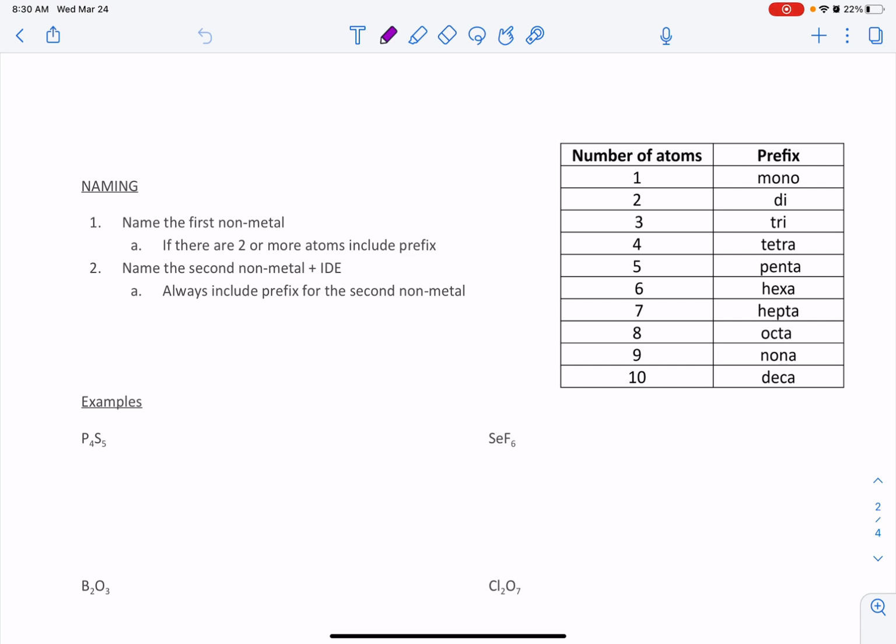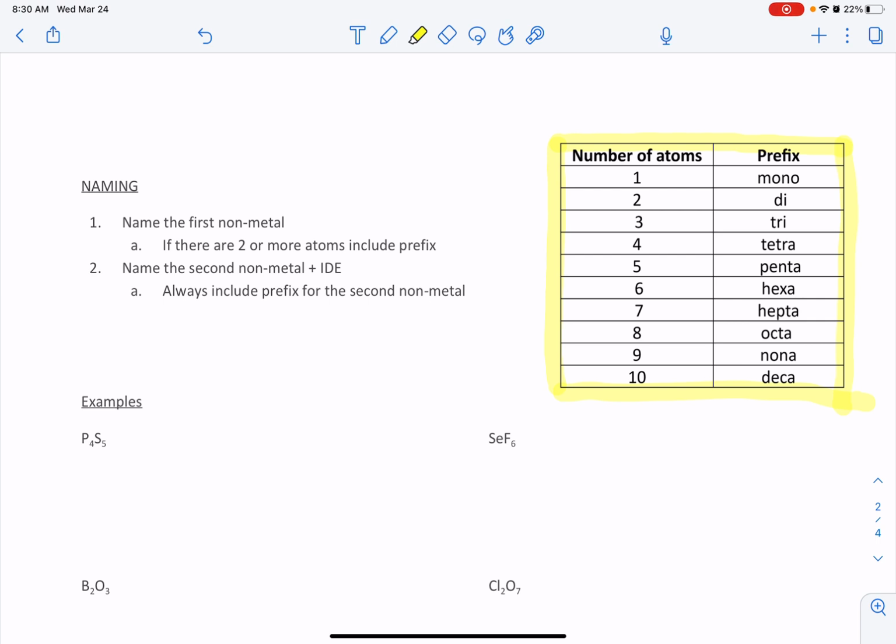So here's our table of prefixes over here. So depending on the number of atoms, we have a different prefix. And you might recognize these prefixes from things like geometry or language. Number 1 is mono, 2 is di, 3 is tri, 4 is tetra, 5 is penta, 6 is hexa, 7 is hepta, 8 is octa, 9 is nona, and 10 is deca.